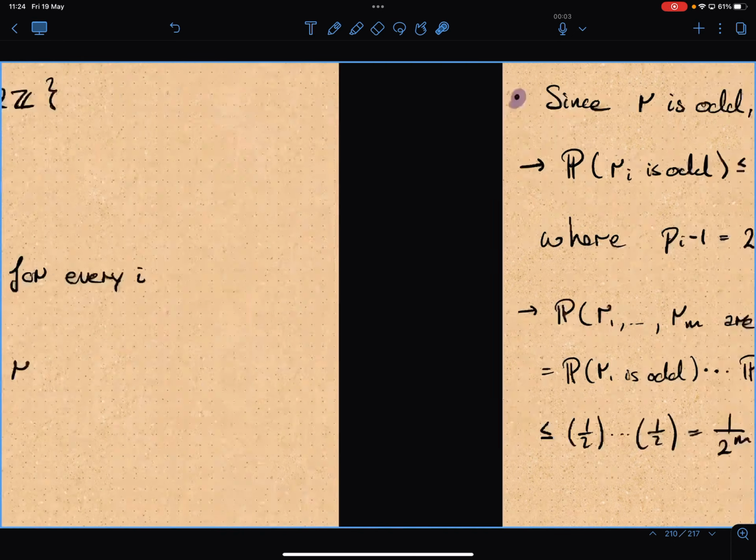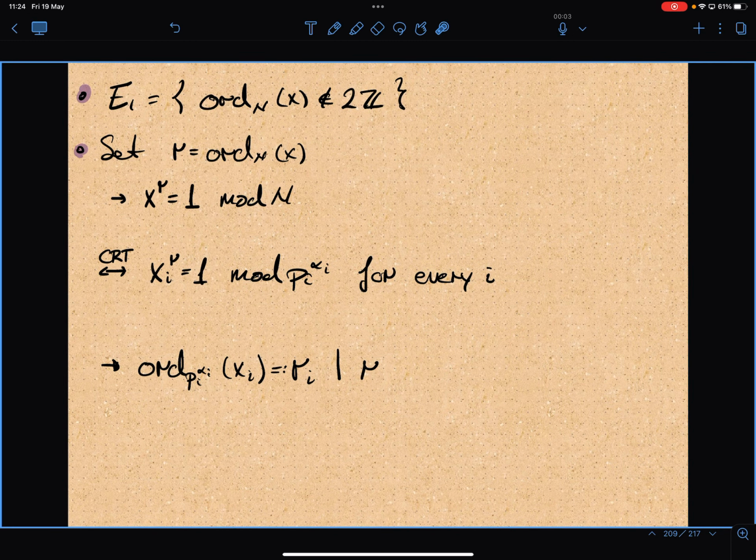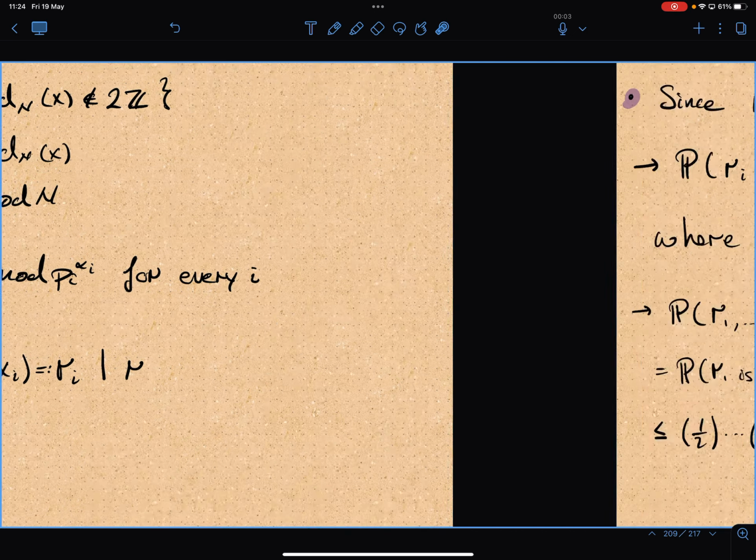Now, in this event, we're assuming that r is odd. This is the definition of this event.